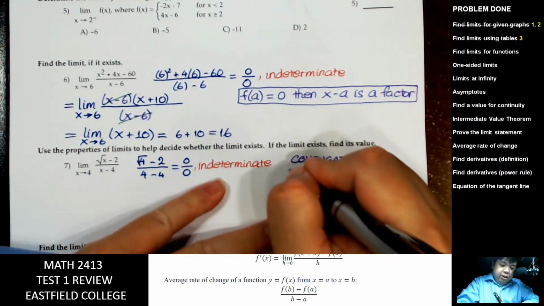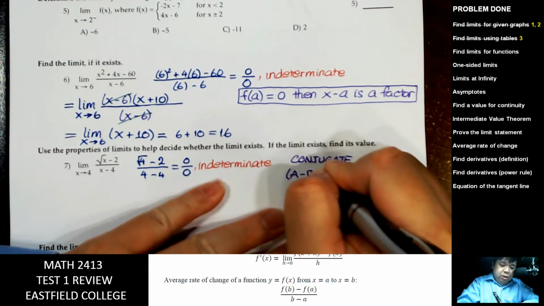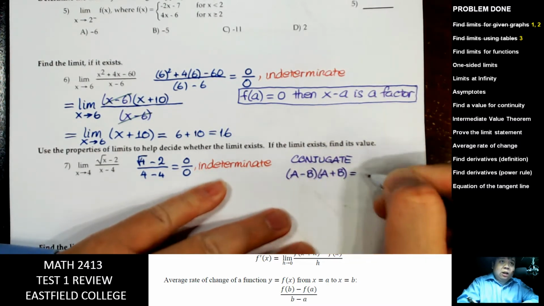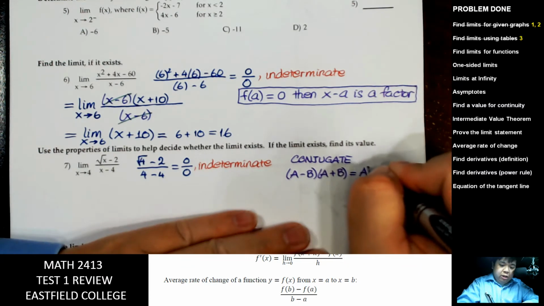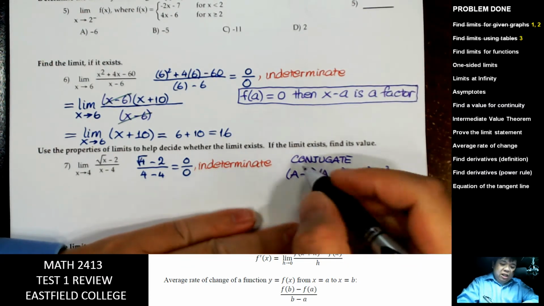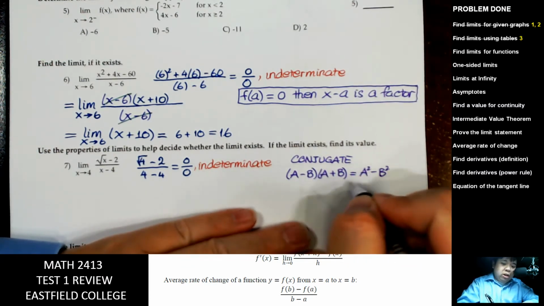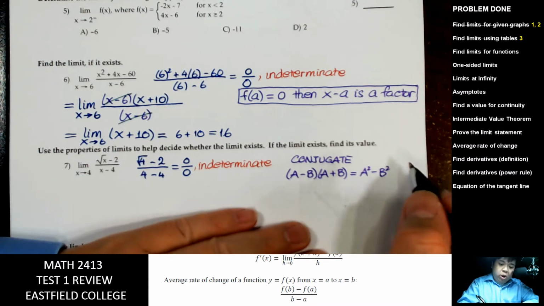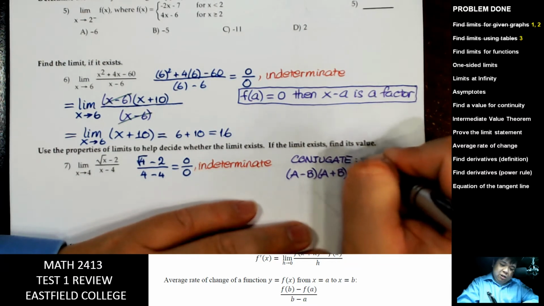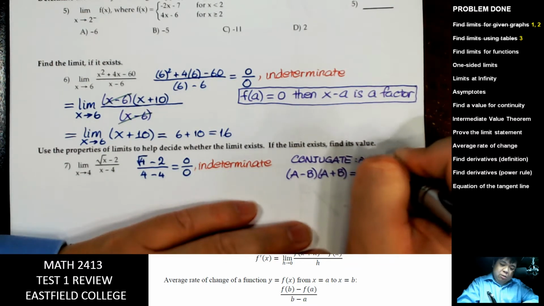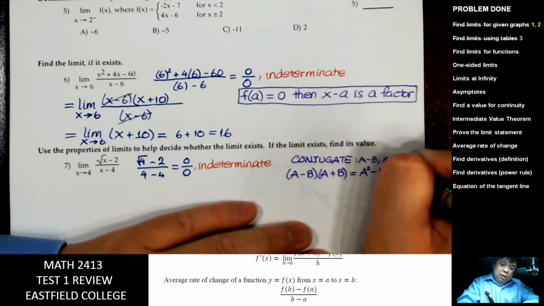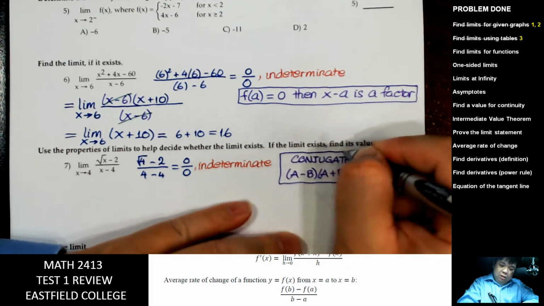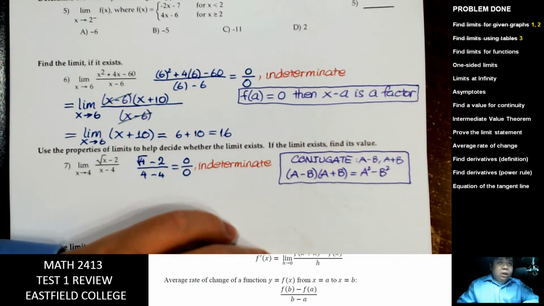And we have a minus b times a plus b is a squared minus b squared. Actually, a minus b and a plus b are conjugates, or this is just the difference of two squares. So that's what we have.